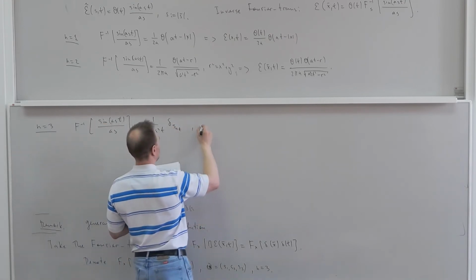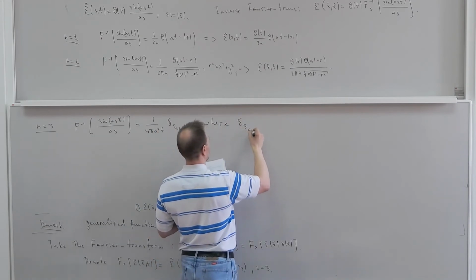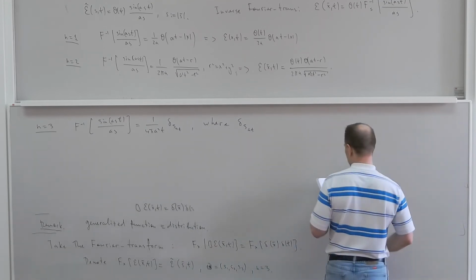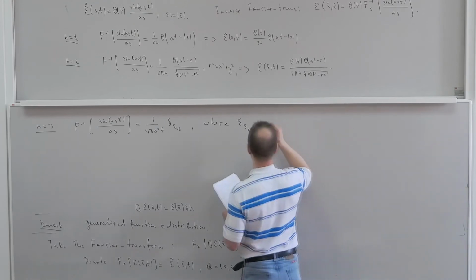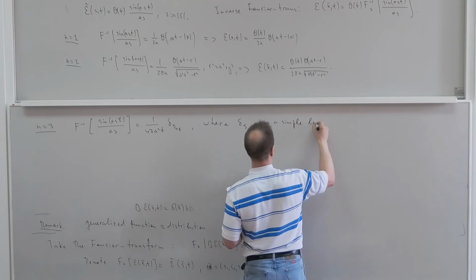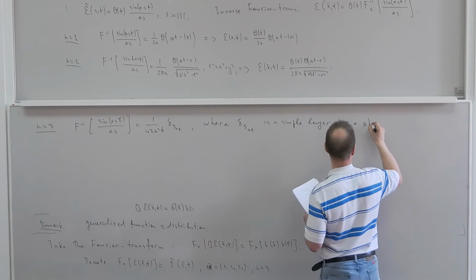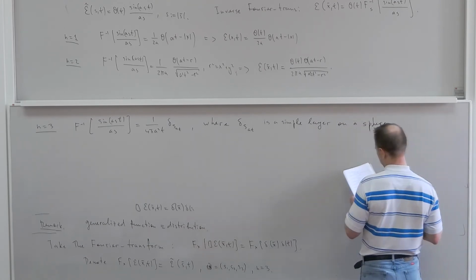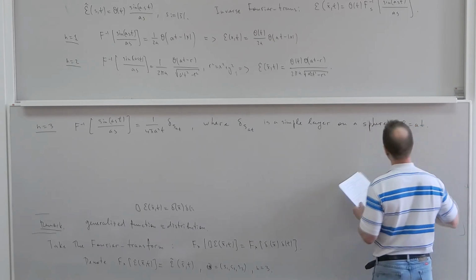Here delta, a t, is a simple layer on a sphere of the radius R equal to a t.